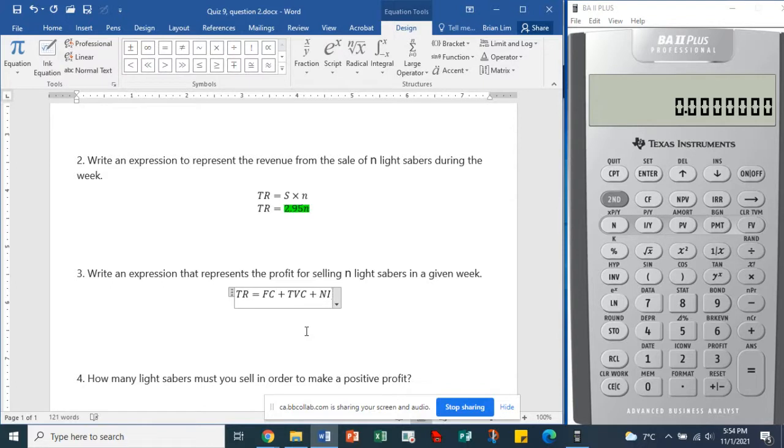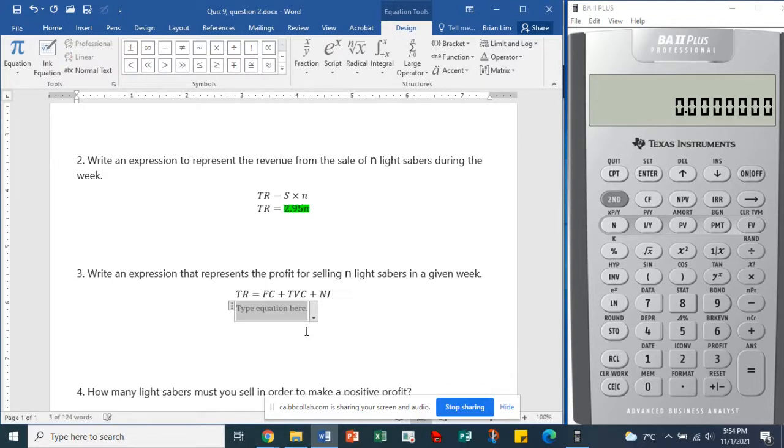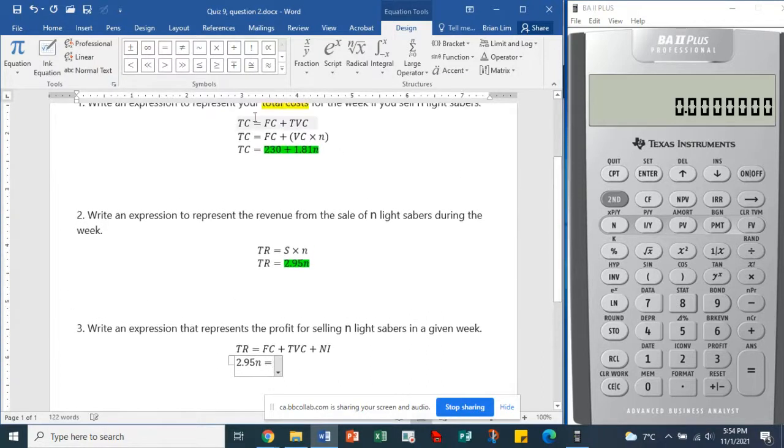All right, so with that, we can go down to here, and the total revenue, what did we have? Well, we have it right up here, 2.95 n. That would be equal to the fixed cost. Now we had an expression, fixed cost plus the total variable cost, so that would be 230 plus 1.81 n, right?